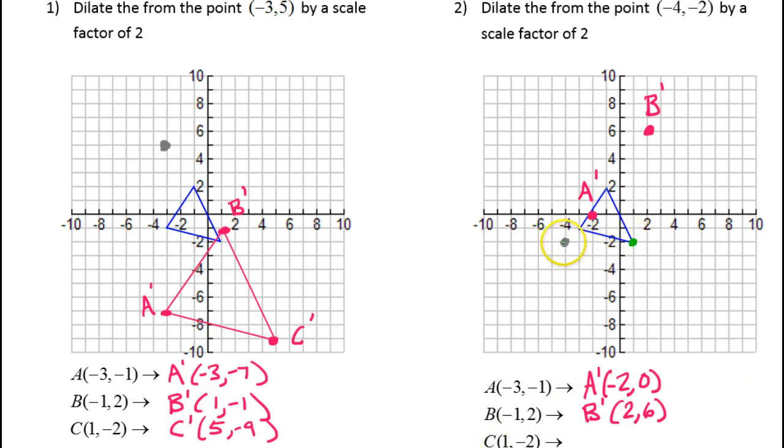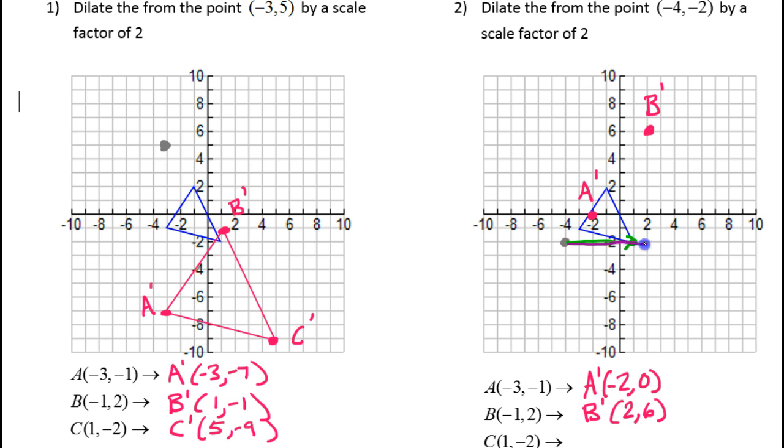So if I wanted to get from the center to point C, this is very straightforward because all I would have to do is go to the right 5. So if I want to get to C prime, I'm going to have to double that because the scale factor is 2. So instead of going to the right 5, I'm going to go to the right 10.